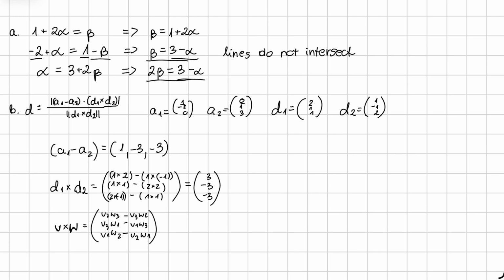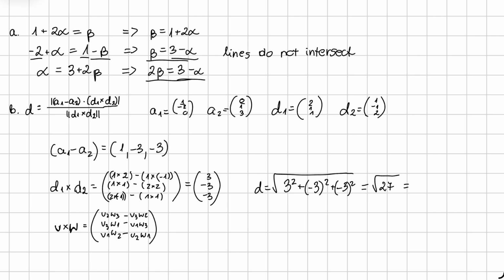And for the denominator, we have to find the magnitude of it. So our magnitude is square root of 3 squared plus minus 3 squared plus minus 3 squared. So we have 9 plus 9 plus 9, square root of 27.